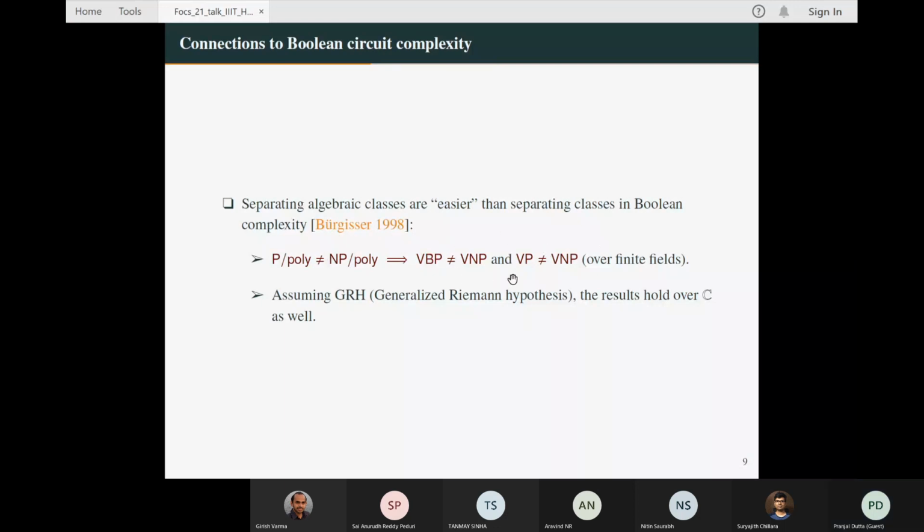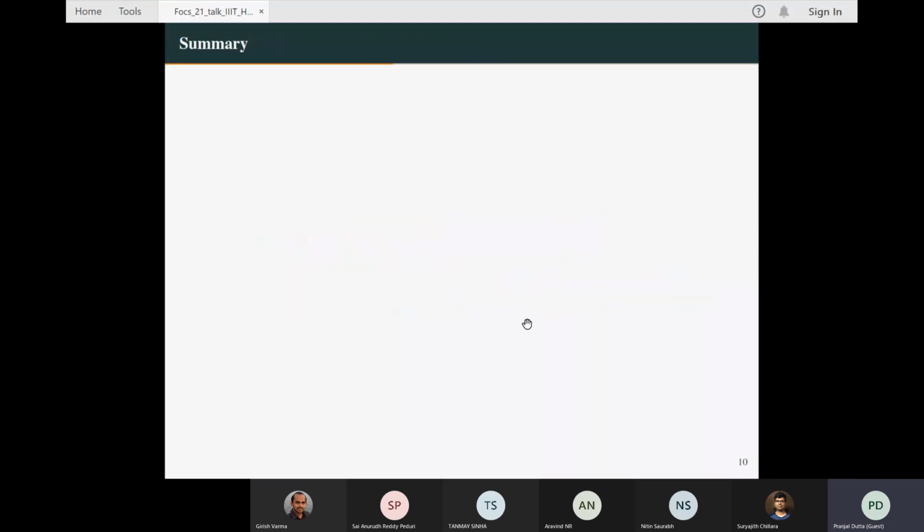This will definitely prove that. But now the point many people try to make is that, look, if we really want to understand P not equal to NP, we really have to go via this line, and there is no other way. So we really need to prove this before understanding P/poly not equal to NP/poly or P not equal to NP. This is the kind of message that this paper tried to convey.